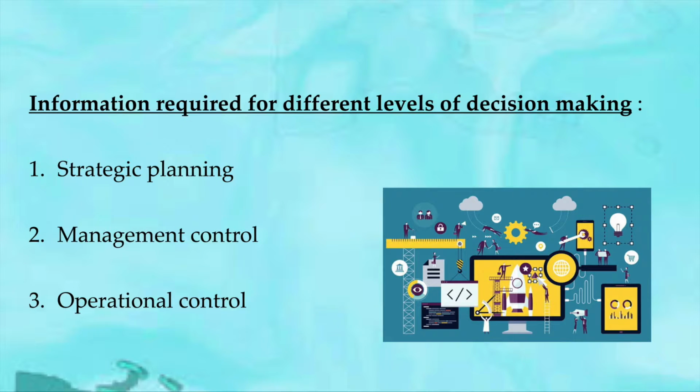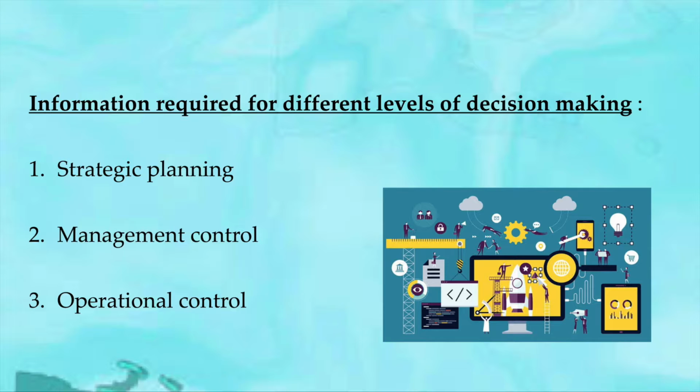Every day the market, the environment, the industries, the competitors, the products, services, tastes and preferences are constantly changing around us. So we need information to plan or change our strategies whenever required.